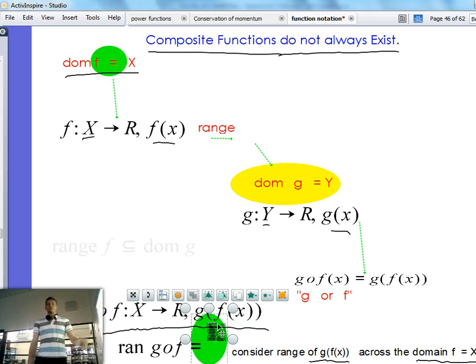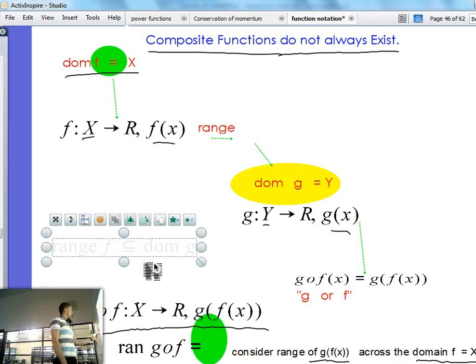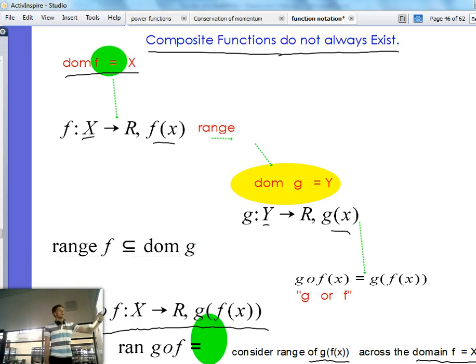Okay, so if that occurs and our original domain fits inside the domain here, then our composite function will exist. So if the range of f is a subset of the domain of g, meaning it fits inside, it is smaller, then g of f exists.